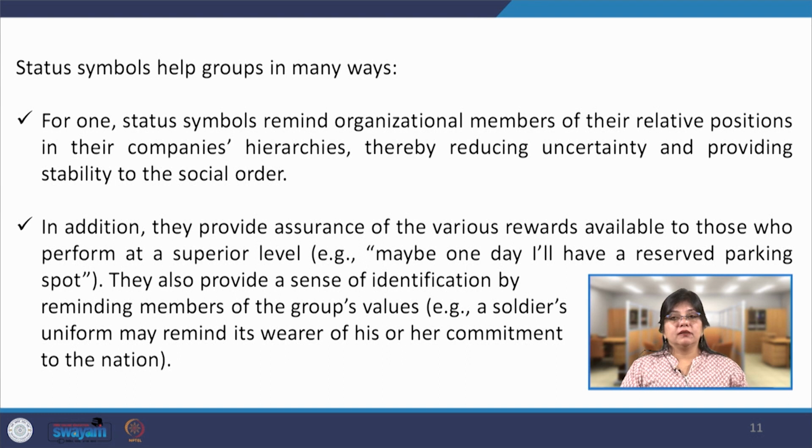But all this understanding can only come when people have the ability to identify and recognize not only the formal status, but also the symbols that designate an individual's status, and understand what roles they are performing to make the group or organization function.